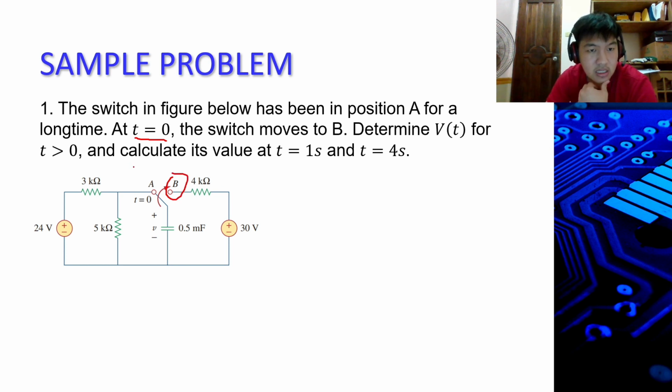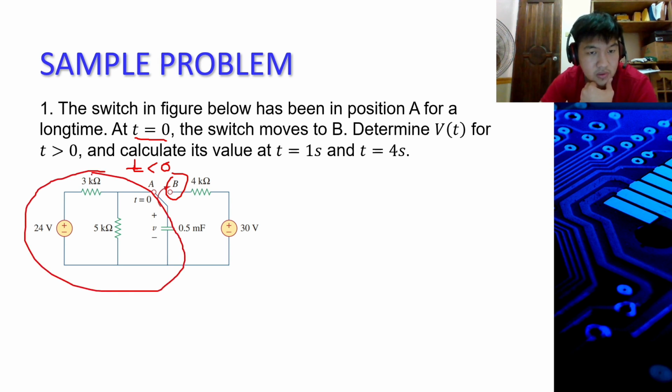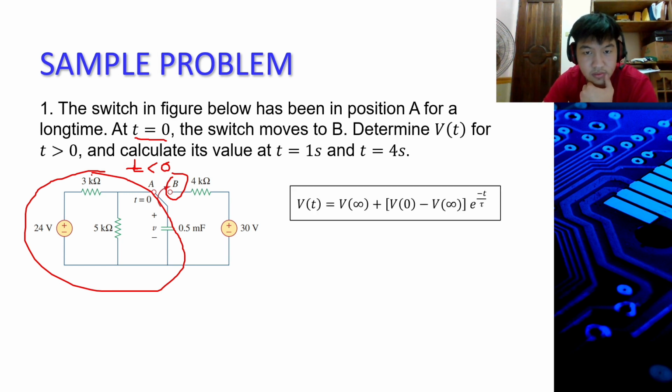At t less than 0, the switch is at A. So to determine V of t, we find V of infinity, V of 0, and the time constant tau.